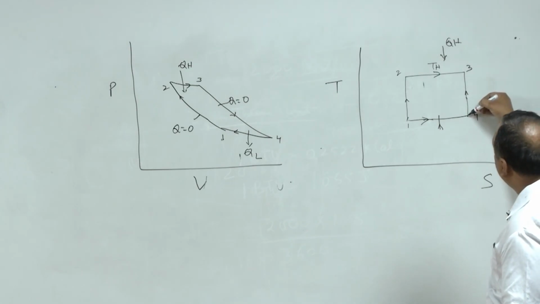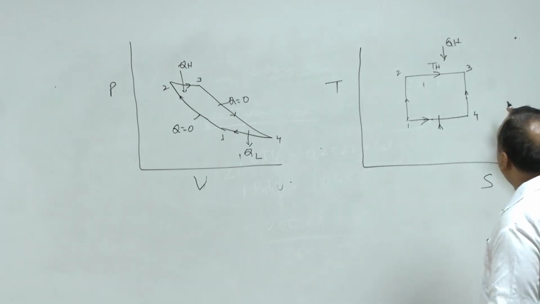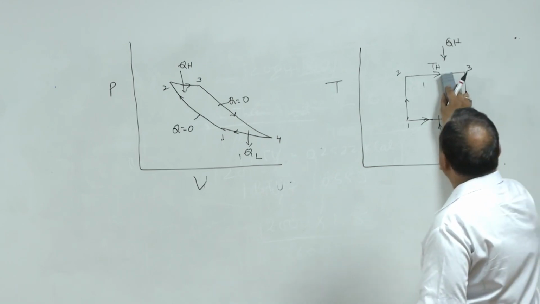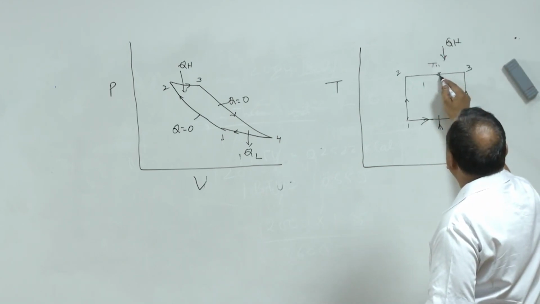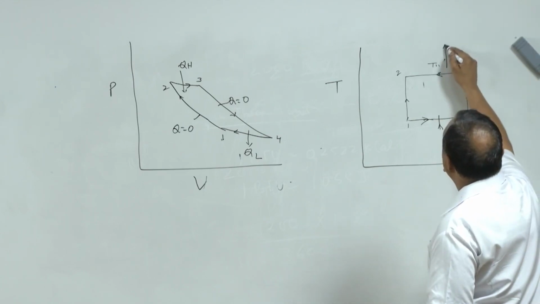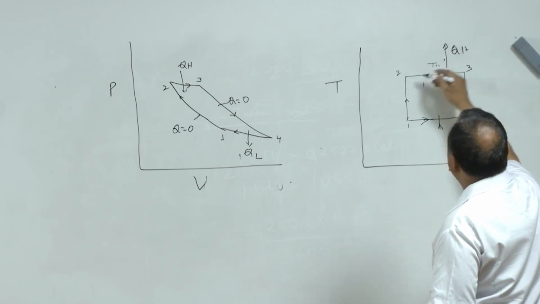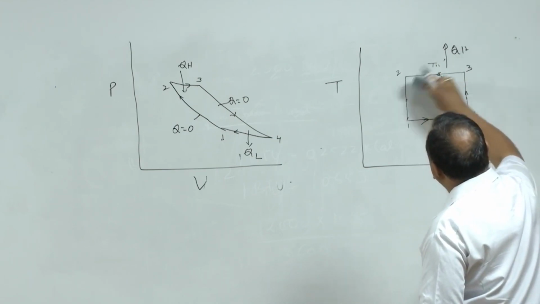Instead of expansion, in the reverse cycle, the compression of fluid will take place. And from 3 to 2, instead of heating, the cooling of fluid will take place. And instead of heat being added, heat will get rejected. And from 2 to 1, the expansion of the fluid will take place.